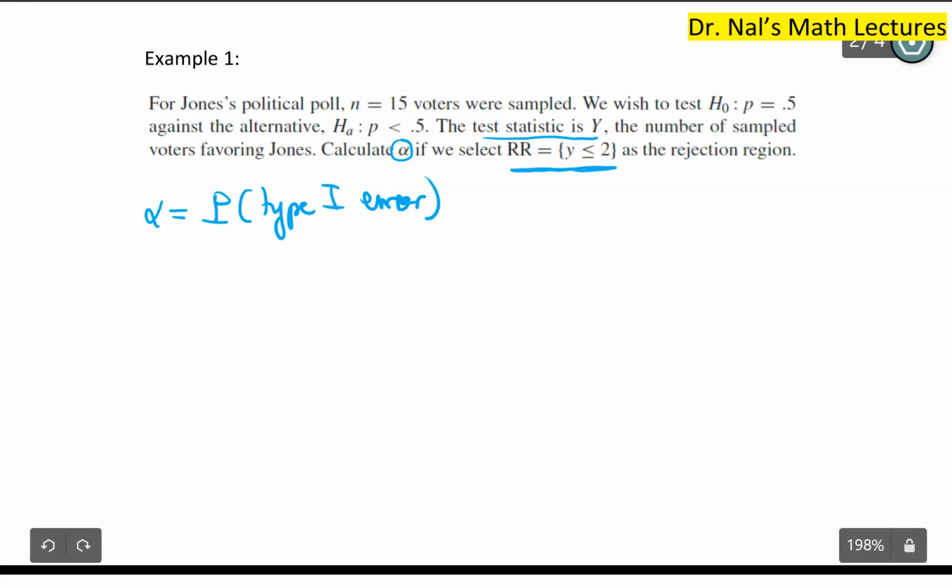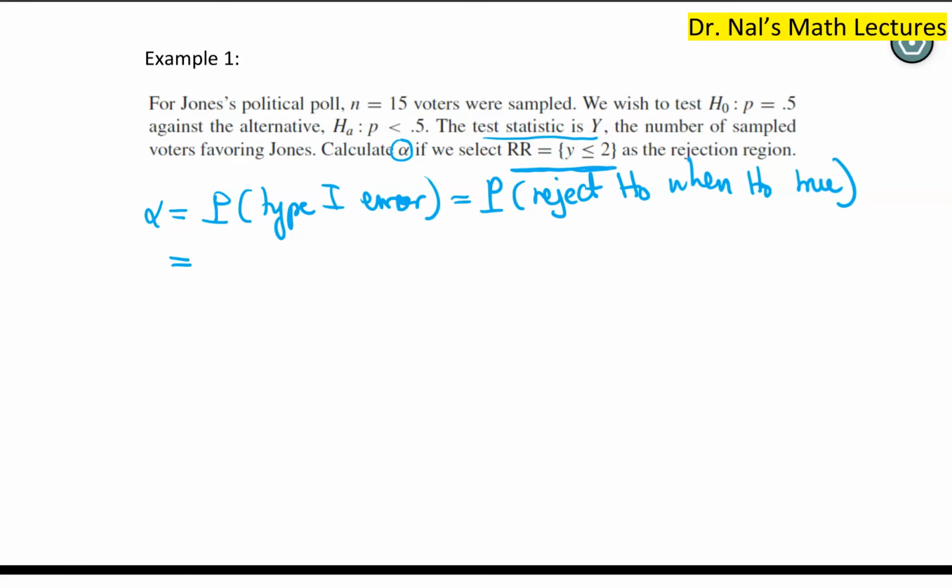That's what we want to calculate, and this is the probability of rejecting H0 when it was actually true, when H0 is true.